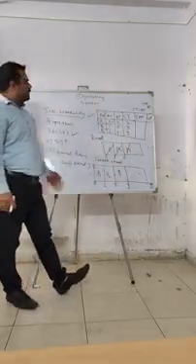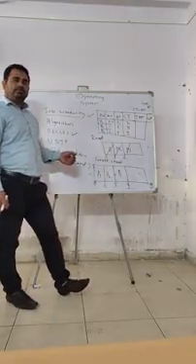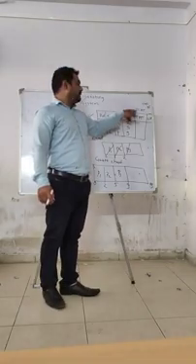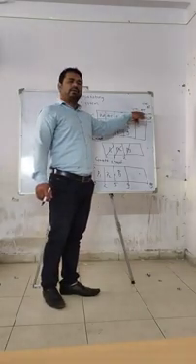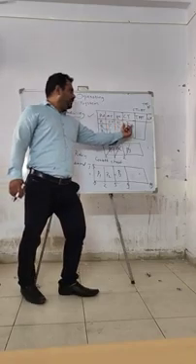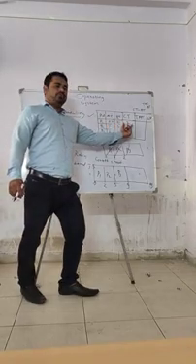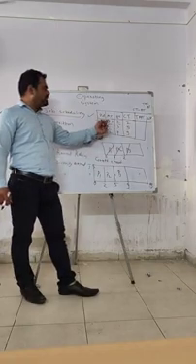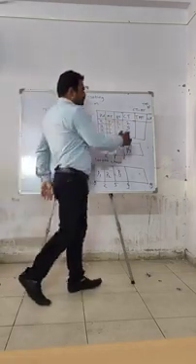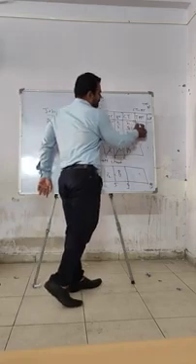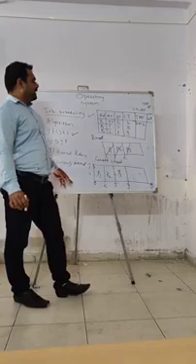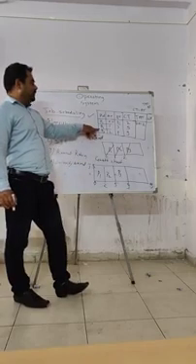After that we will calculate the turnaround time. To calculate the turnaround time, we have the formula: completion time minus arrival time. The completion time of P1 is 2 and arrival time of P1 is 0. So 2 minus 0 is 2. Now we will calculate the turnaround time of P2.